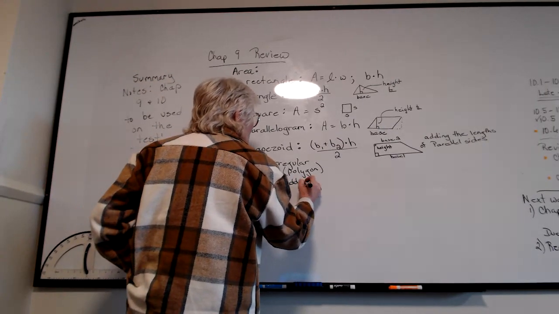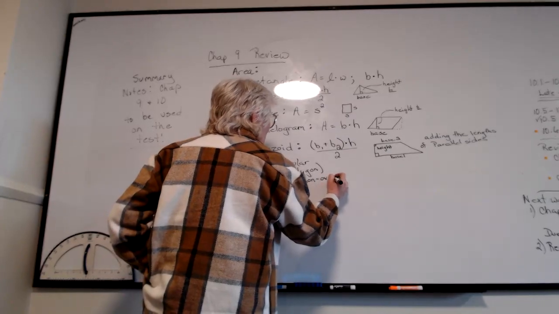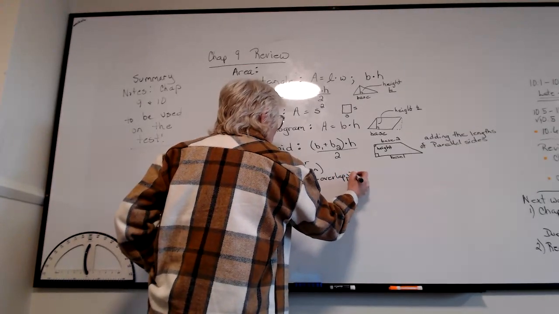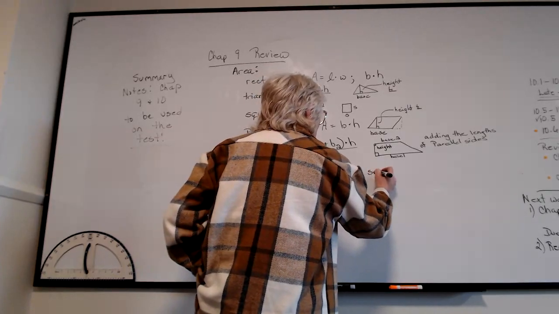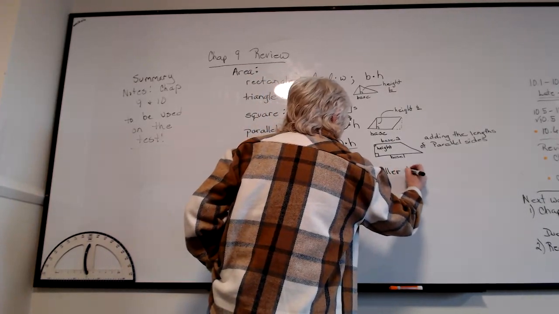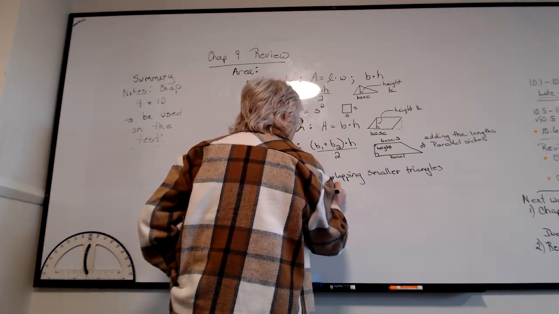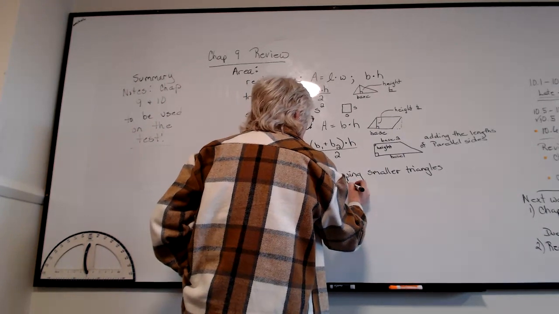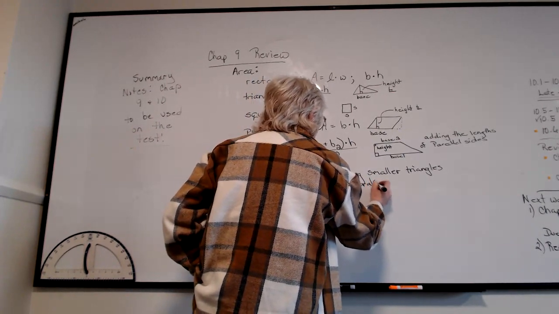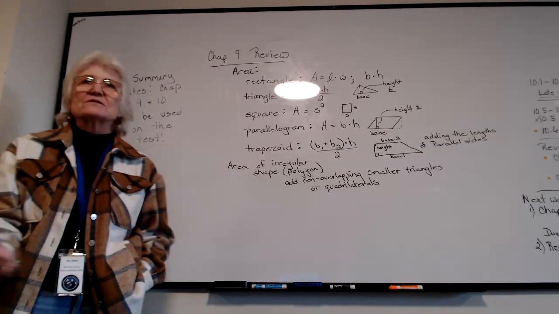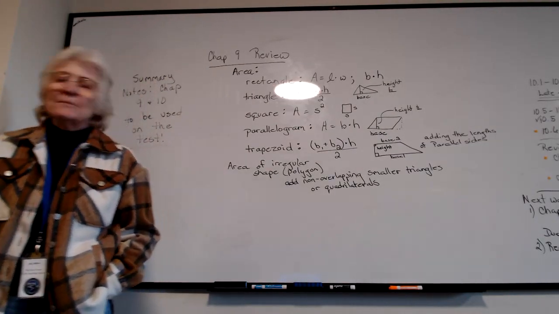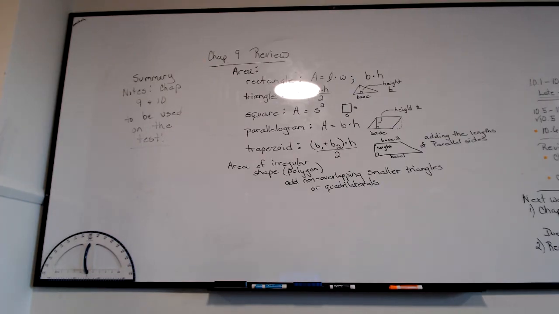So just add non-overlapping smaller triangles or quadrilaterals. So what that means is you can break it up into rectangles, triangles, squares, anything like that, and then add those up. It's kind of like what you're doing in the review with the origami paper. You're looking at all those and you can just break it up into little pieces.